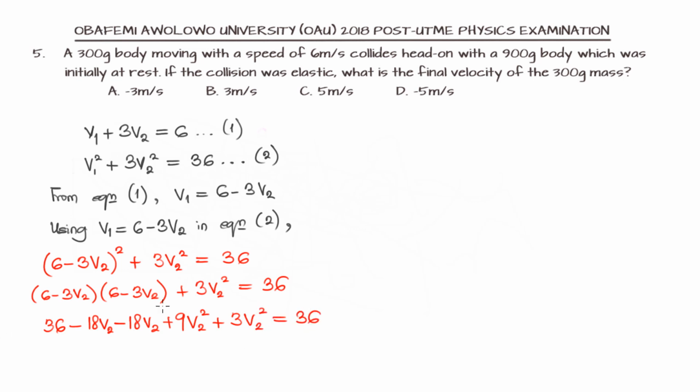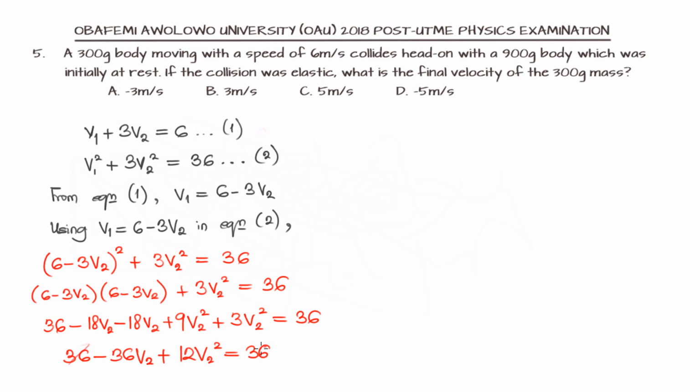Now we can further simplify this. We have 36, minus 18 minus 18, that will be minus 36 v2. 9 plus 3 is 12 v2 raised to power 2 is equal to 36.